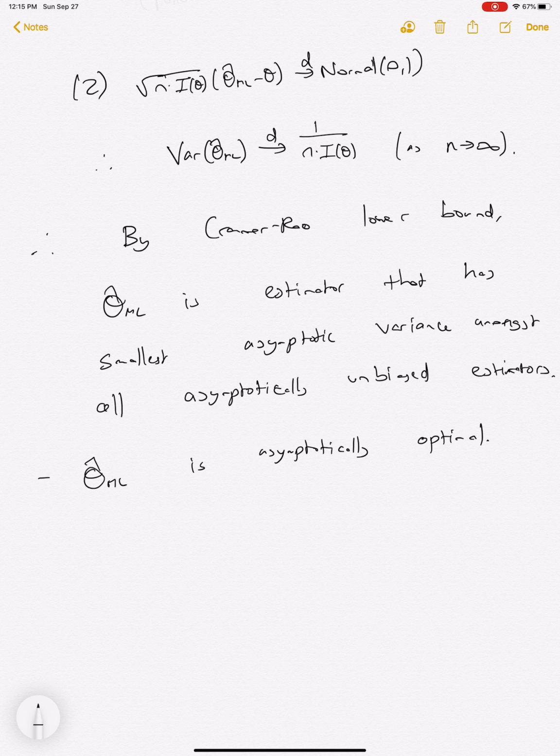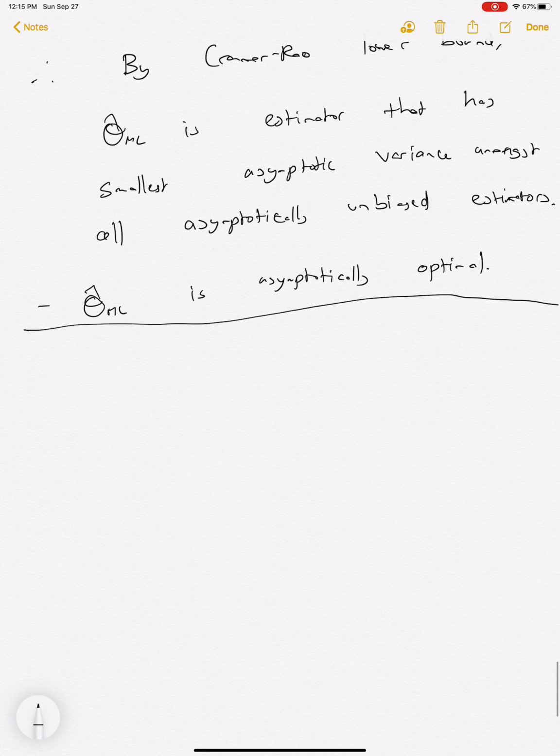This is one of the reasons why maximum likelihood is one of the most widely used procedures: we can get good confidence intervals, and for large n you really can't do much better than that in the sense of minimizing the variance.